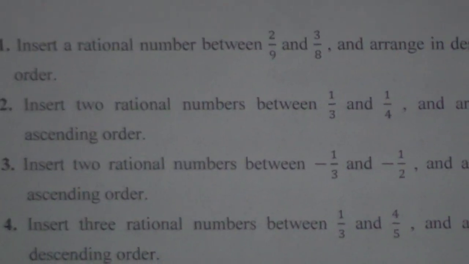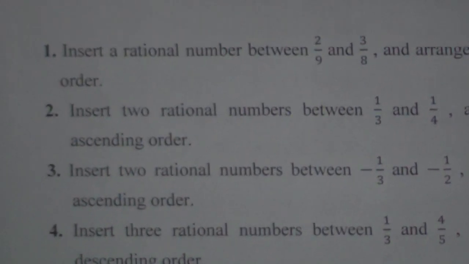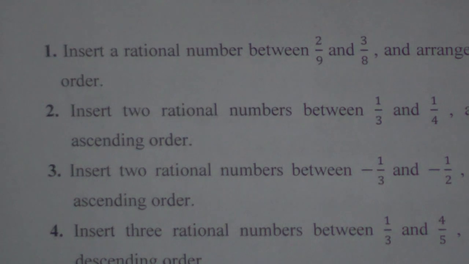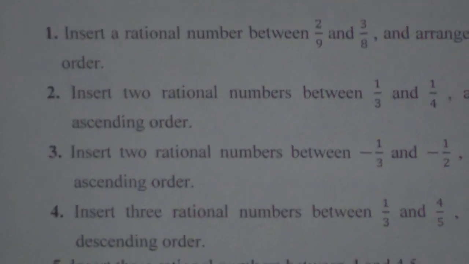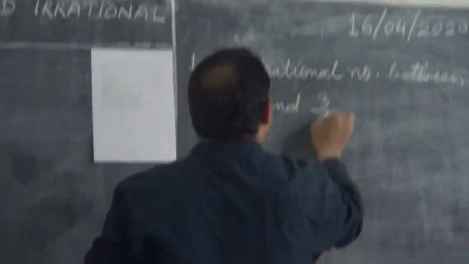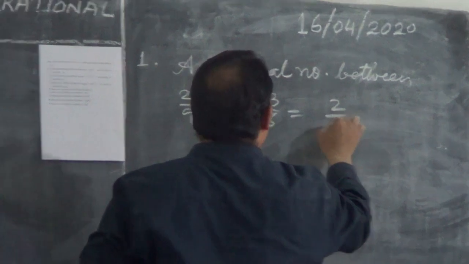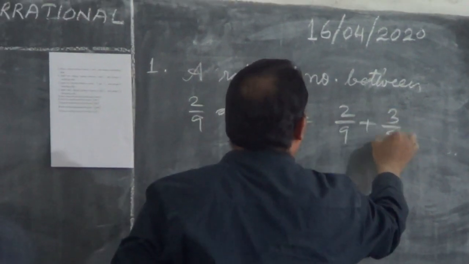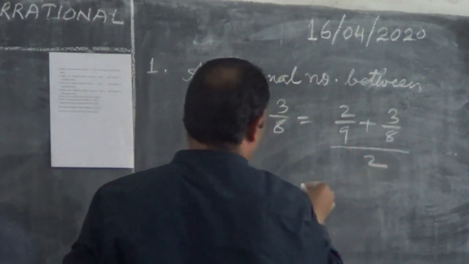So you can write, a rational number between 2 by 9 and 3 by 8 equals 2 by 9 plus 3 by 8 divided by 2.